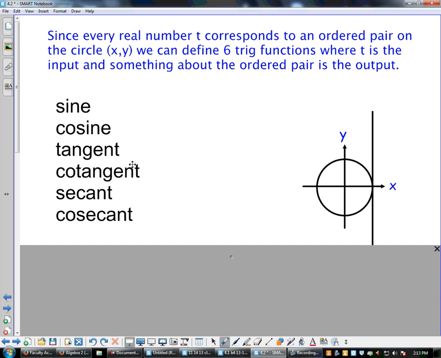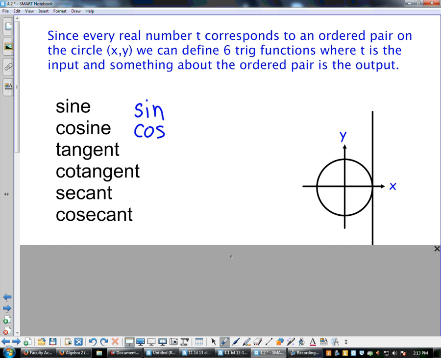And we abbreviate all of these 6 trig functions with 3 letters each. When we talk about the sine of an angle, we write S-I-N. We do not pronounce it sin, we pronounce it sine, but it's still abbreviated with 3 letters. Cosine we abbreviate C-O-S. We never say cos. We read it cosine, but it's written C-O-S.